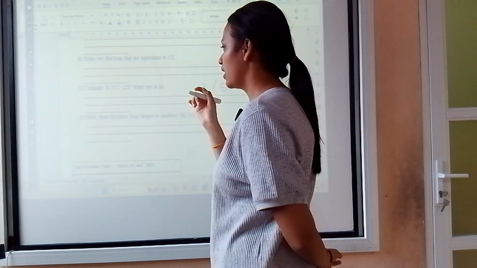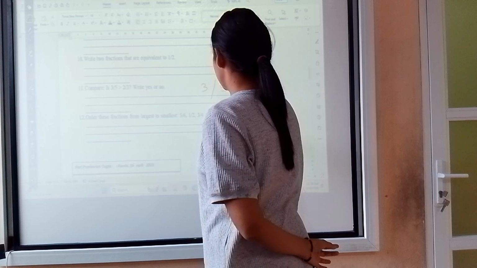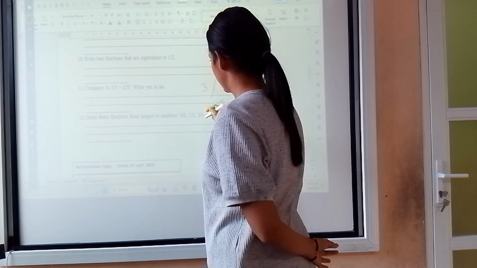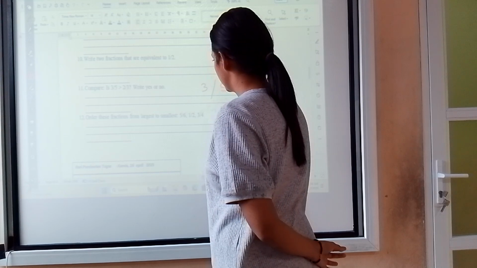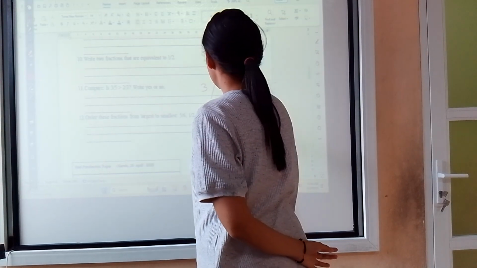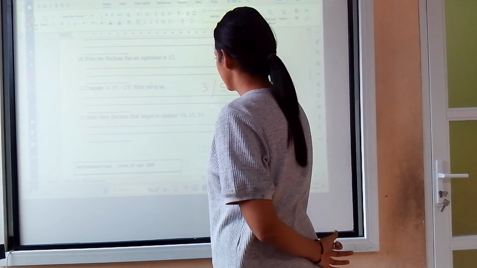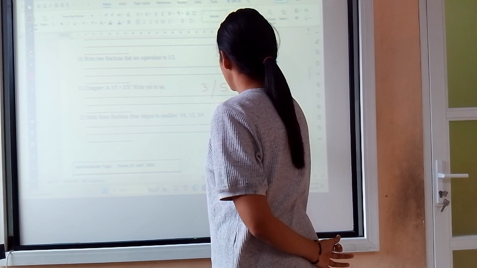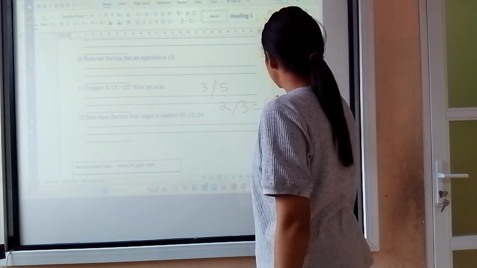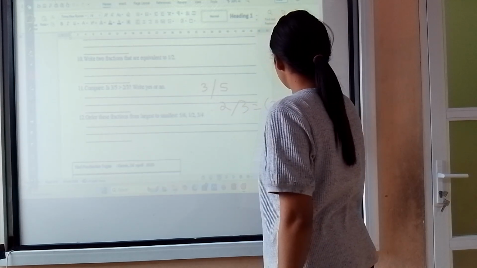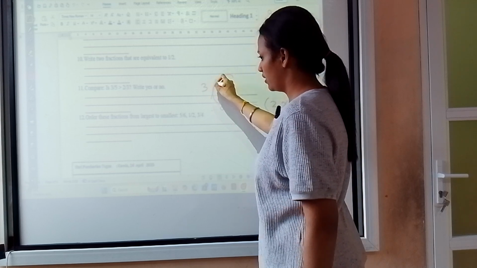They need to multiply. For example, 2 over 3 equals 2 times 5, the number we get from the denominator in here.